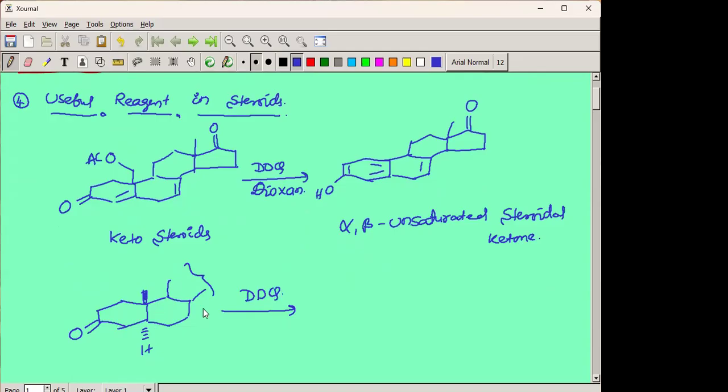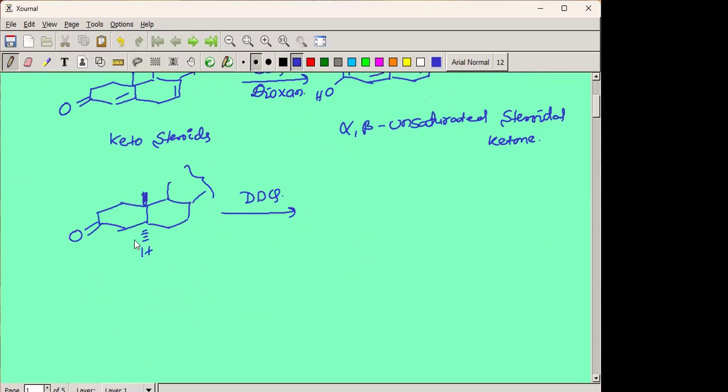This is the 5 alpha steroidal group. So what happened here? This is a double bonded carbon. So this is our allylic center where the hydride ion will be removed, and the double bond insertion will take place like this.